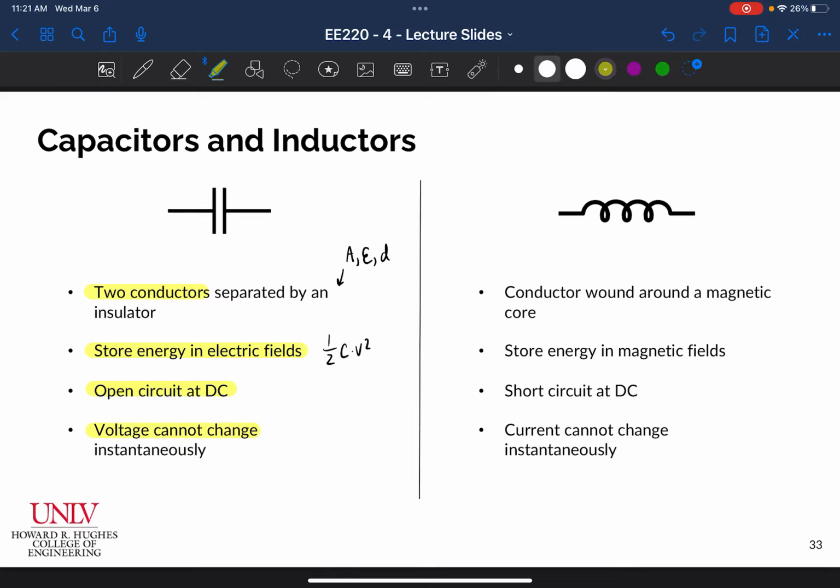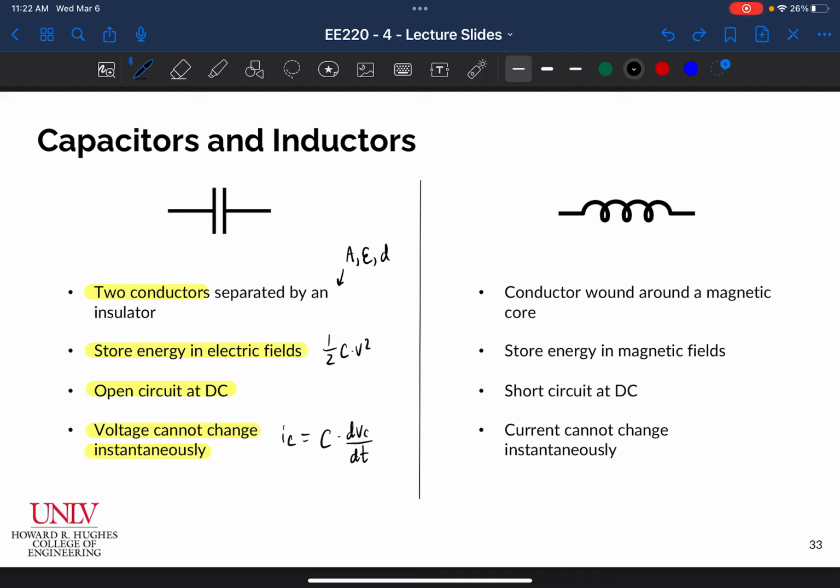This is because our equation for the current through the capacitor is C dVc/dt, and for the voltage to change instantaneously, dt would have to tend towards 0, which means my current would have to go to infinity, which is physically impossible. So that does not occur.